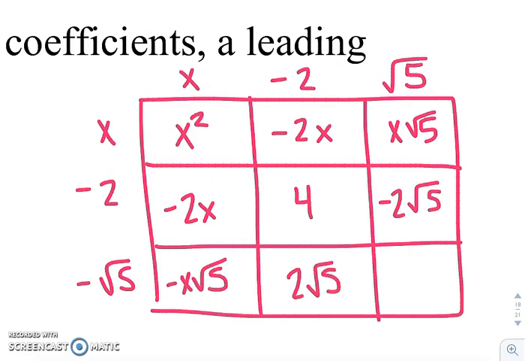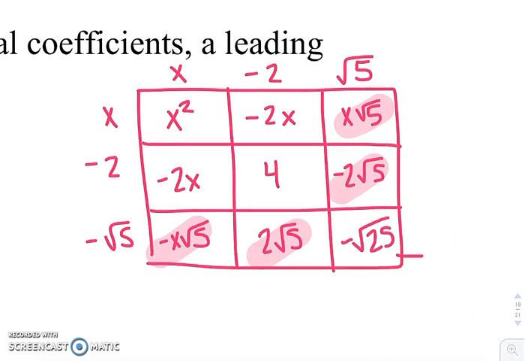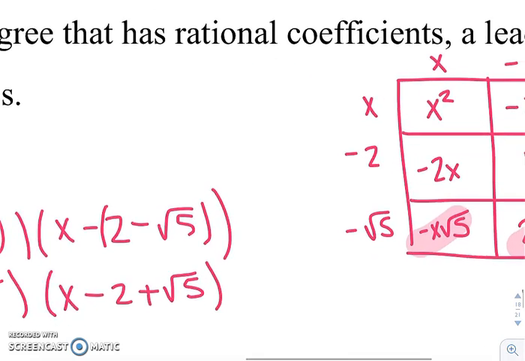And then negative times positive is negative square root 25. So all of these, like the negative and positive x square root 5, the positive and negative 2 square root 5, they all cancel. And what we're left with, this just becomes negative the square root of 25, which is 5. So this whole box becomes x squared minus 4x minus 1.